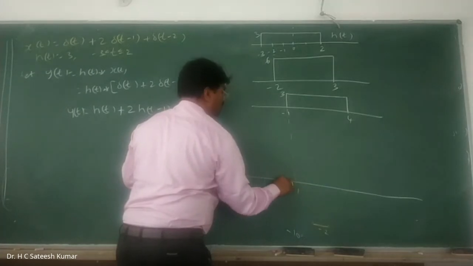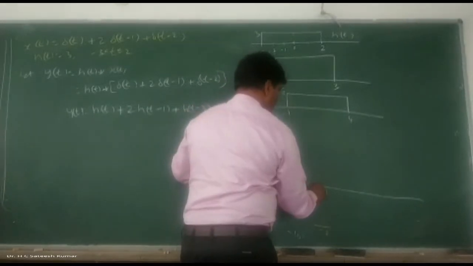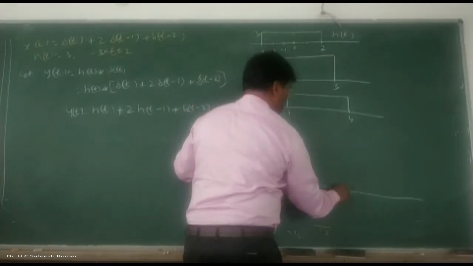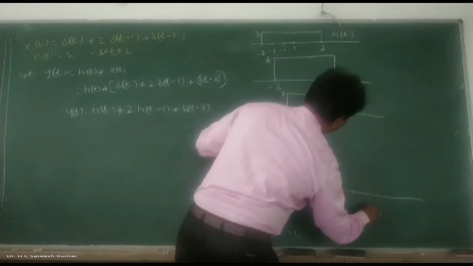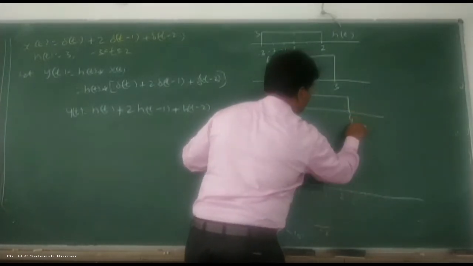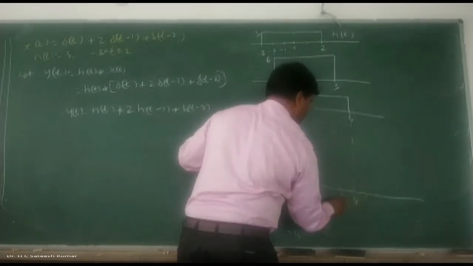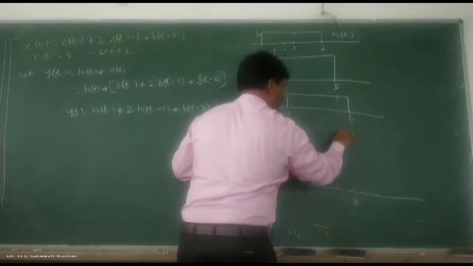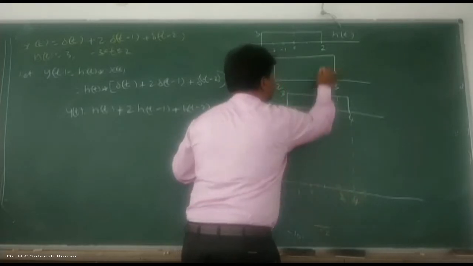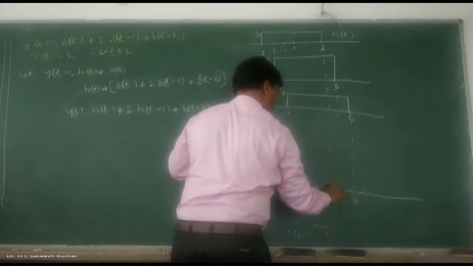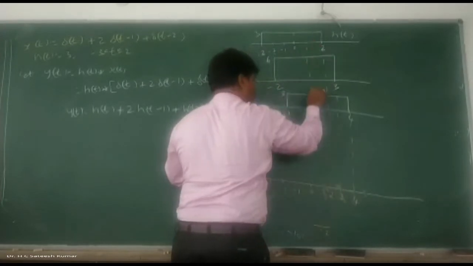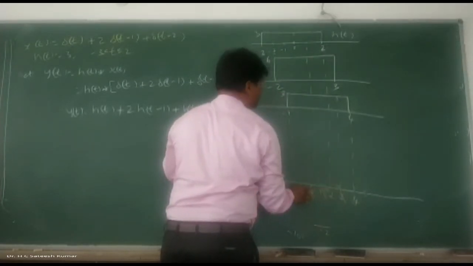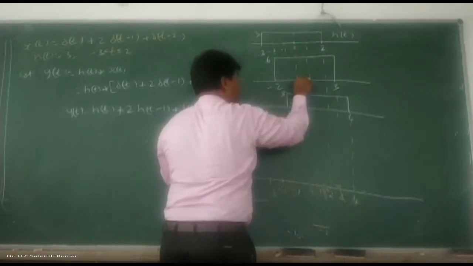Minus 1, minus 2, minus 3, 0, 1, 2, 3, and 4. Sorry. This is 4. This is 3. This is 2. This is 2. This is 1. And this is 0.